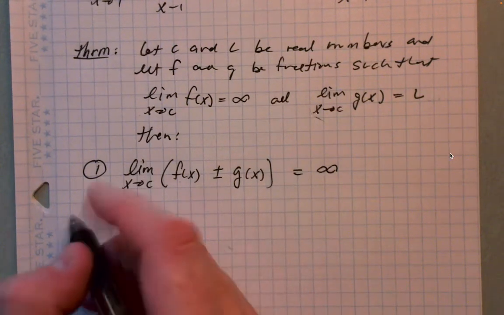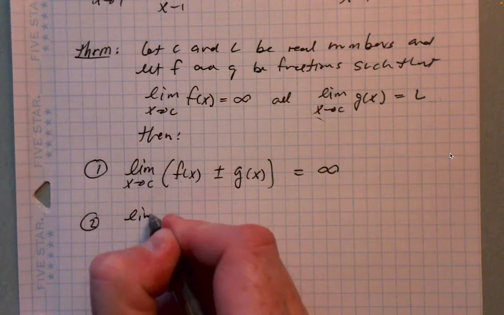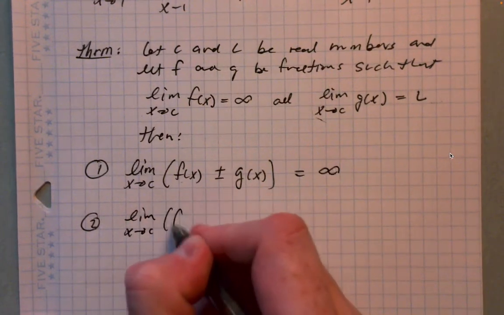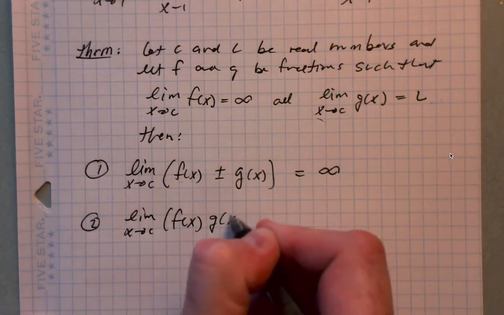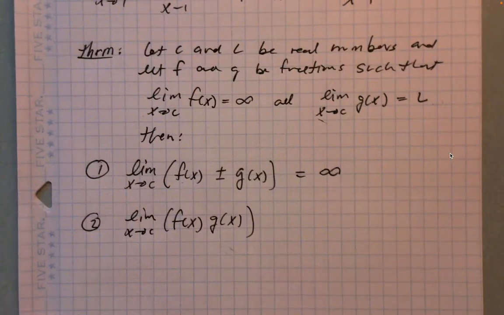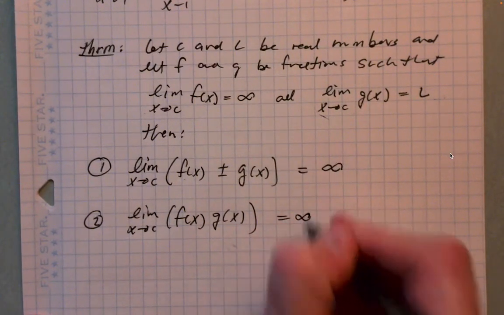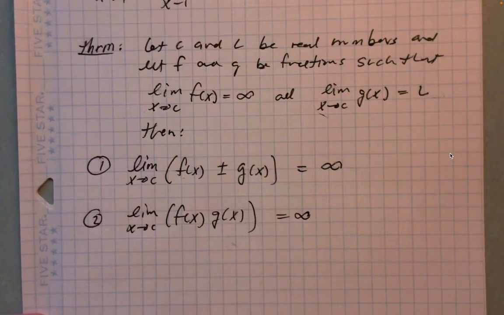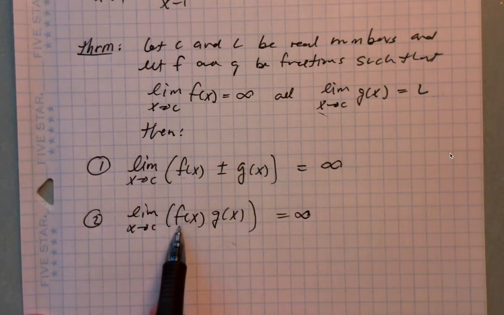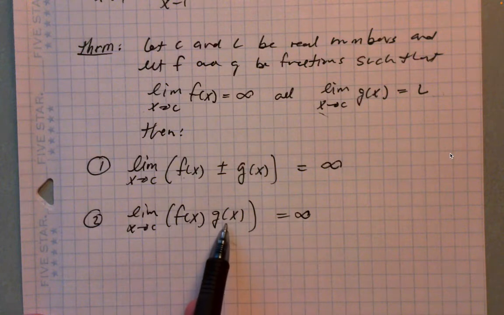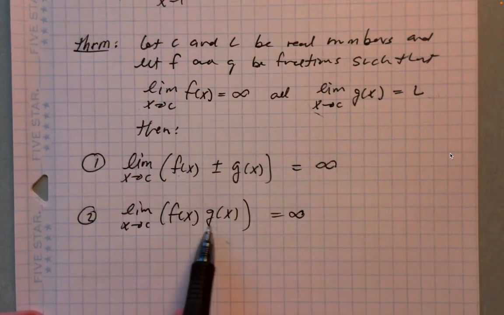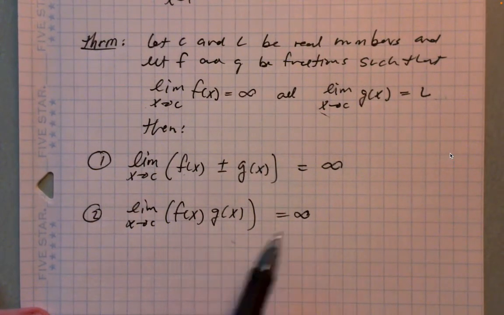What happens with the product of f and g? Well, same deal, right? If the value here goes to infinity and this one goes to a real number L, then the product is obviously going to be infinite.